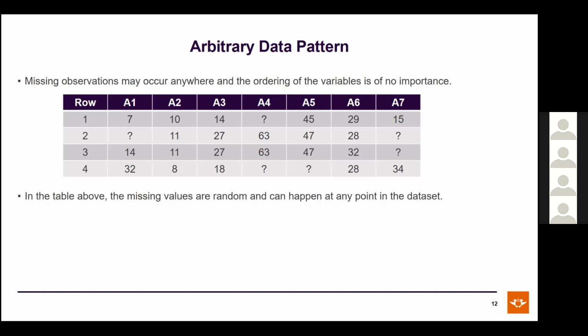Because now for row 1, we're using A1, A2, A3, A5, A6, A7, while for row 2, we're using A2, A3, A4, A5, A6. Different from row 1. So would it make sense using such a technique or an approach?